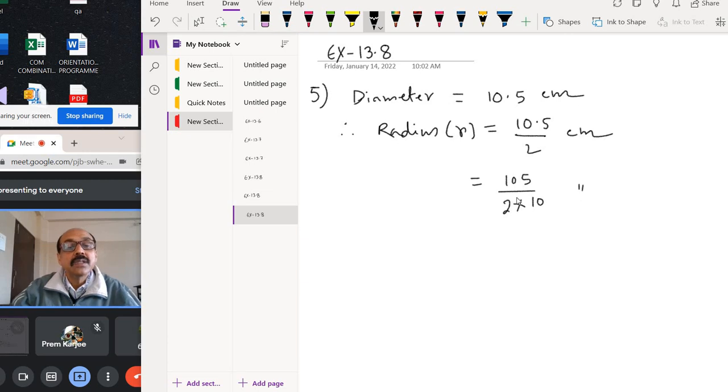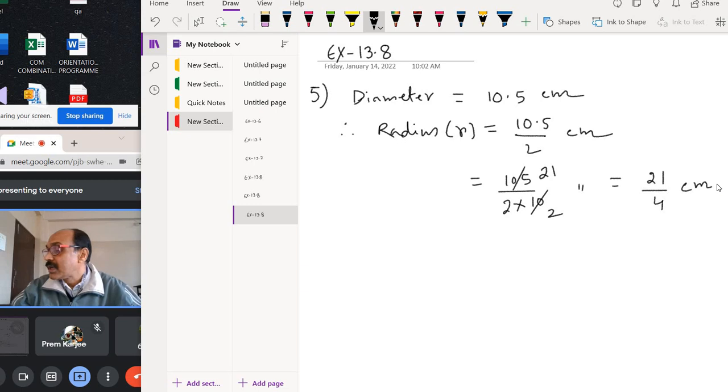Then 5 to the 10, so it is 21 by 4 centimeter. This is the radius of the hemispherical bowl.